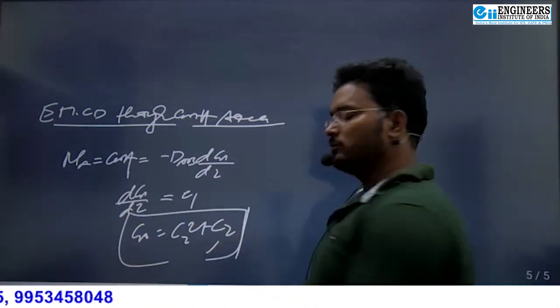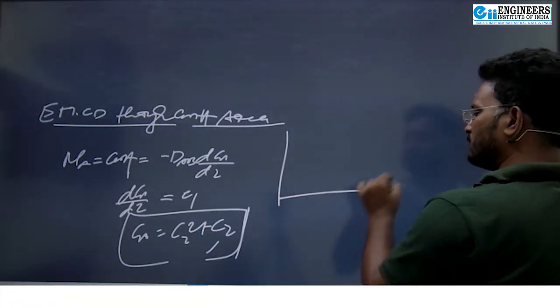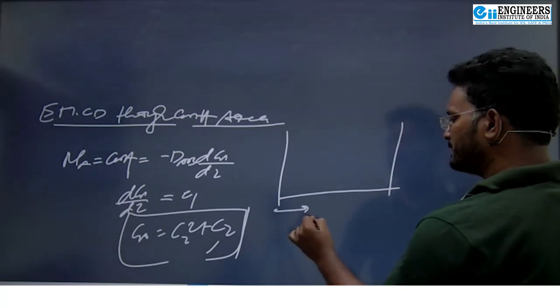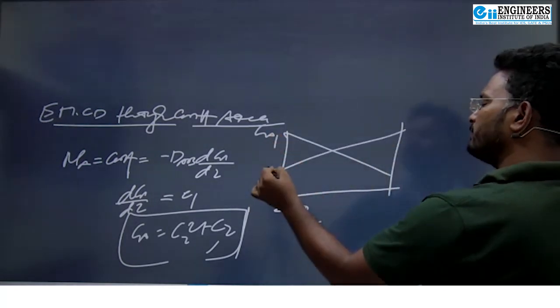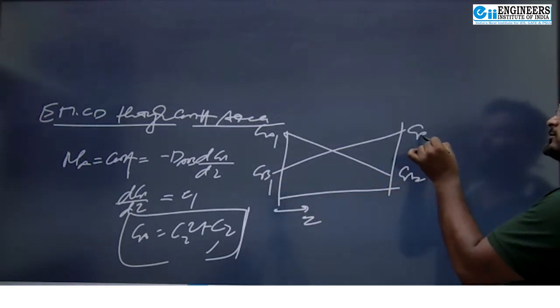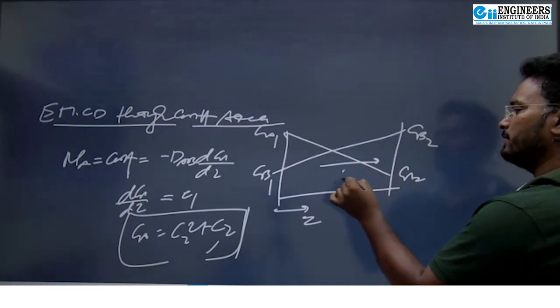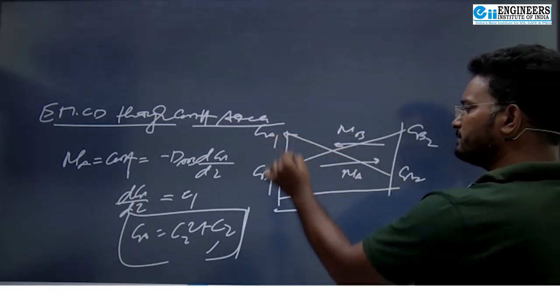Can you find them? Yes or no? So similarly, please draw the Z axis here, CA1, CB1, here CA2 and here CB2. It is NA and here NB. CA1 plus CB1 must be constant.